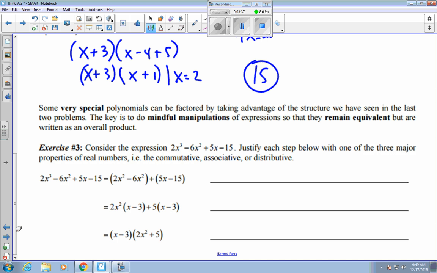Okay, in exercise 3, we want to justify each step below with one of the 3 major properties of real numbers: commutative, associative, distributive. I still have seen this on some of the exams, maybe as a part 1. Very rarely will we see it at this level as a part 2, but who knows. With the first step, here's your original polynomial. What you are doing is grouping them. So when you're grouping them, it is the associative property.